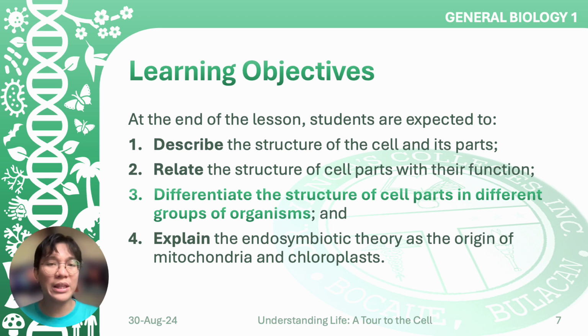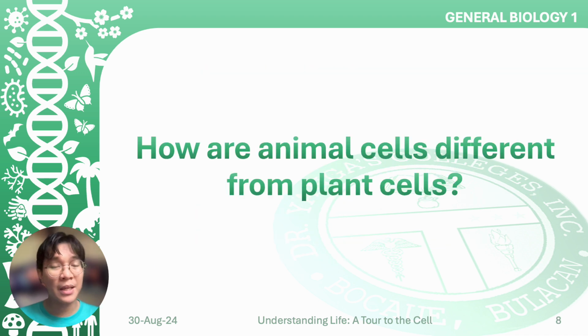Now, how about the differences between the cell parts of different groups of organisms? For example, in the case of plants and animals, how do they differ from one another? I hope that you already have the answer to this question, because you had your experience already with the lab.